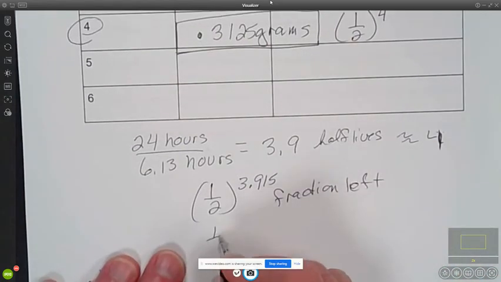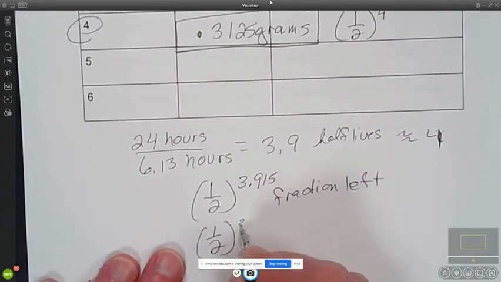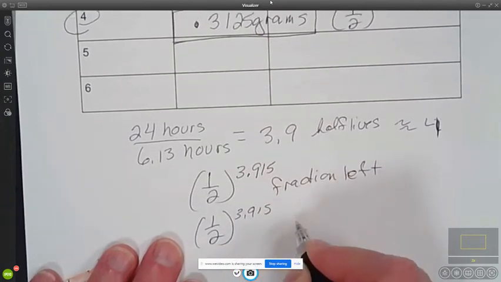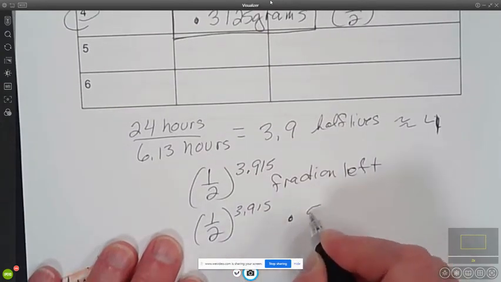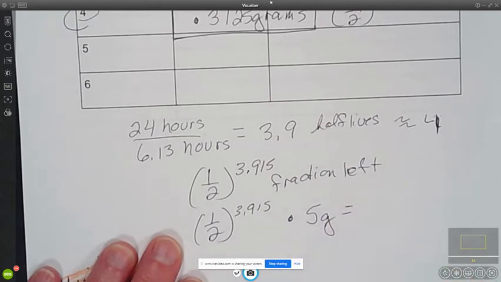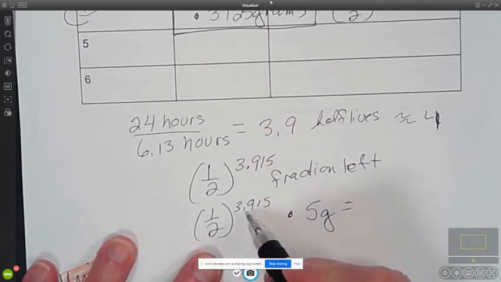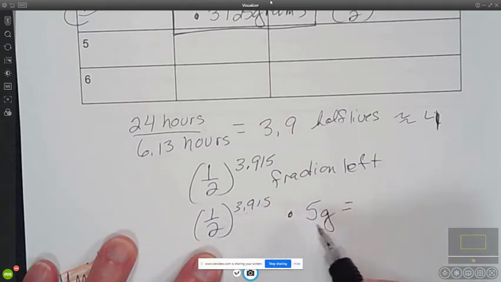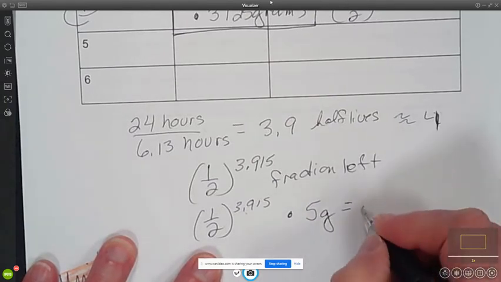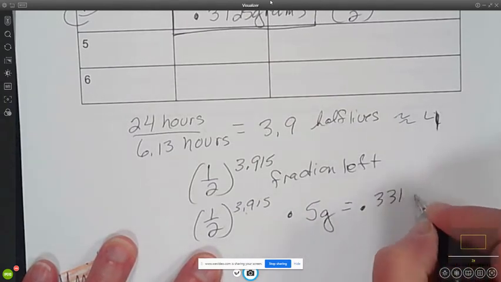So if I take 1/2 to the 3.915 power, times my original, I had 5 grams to begin with. Using my calculator, I go 1/2 raised to the 3.915 power, and then multiply that answer by 5 grams. That tells me I have 0.331 grams left.